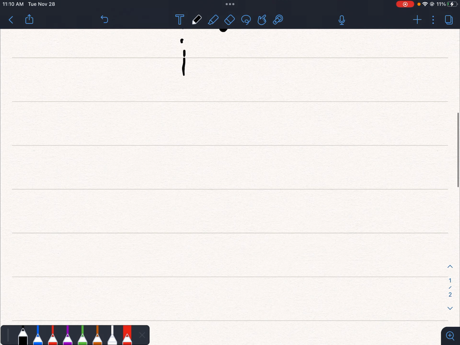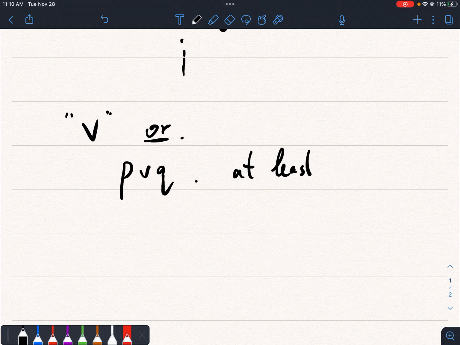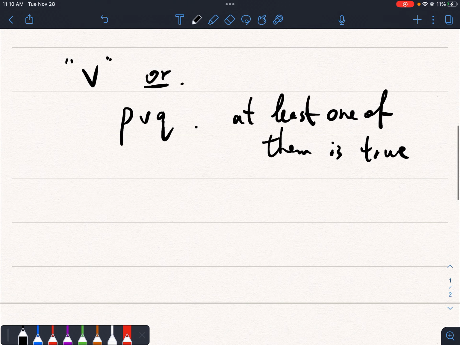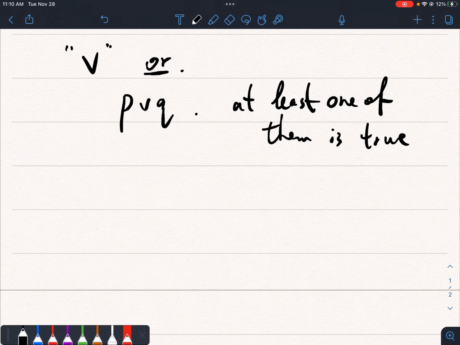And then this is logic "or". So if we are asked, P or Q is true. So this is true if and only if at least one of them is true. So you can either show P is true or Q is true, but you don't need to show both of them are true.